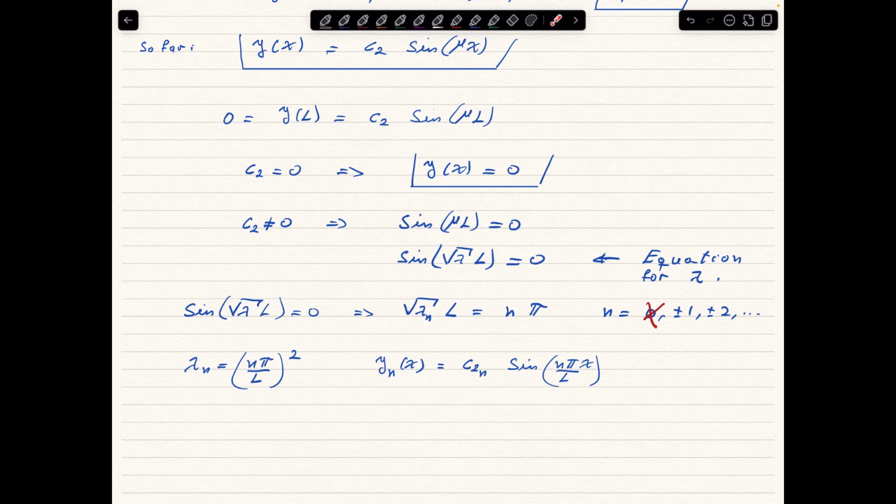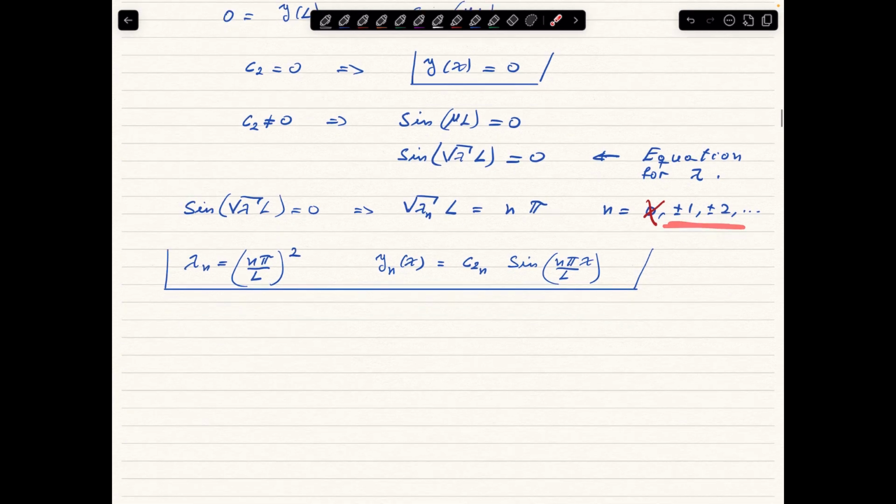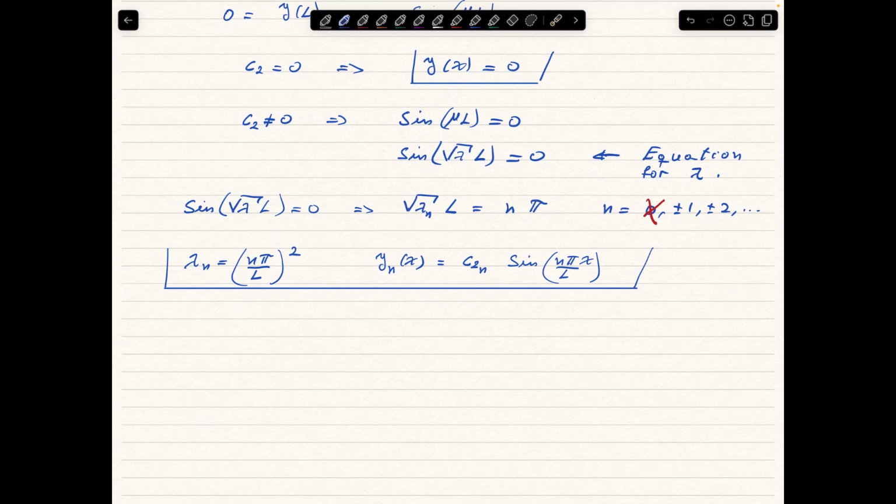We could leave it here, but actually we are giving too many solutions because half of these solutions are not there. So what do I mean? Notice the following. Compute y of negative n.